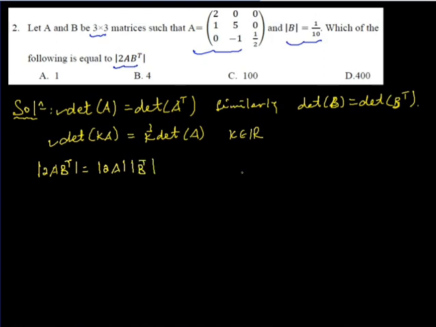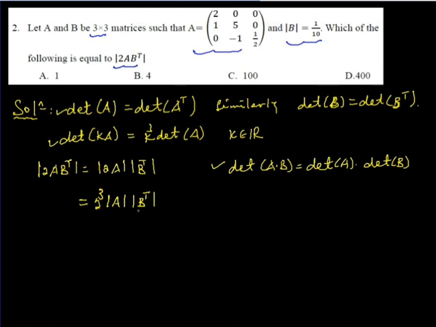Here we need to know some facts. The determinant of the product of two matrices is the same as the determinant of A times the determinant of B. This is also another property of the determinant. So this is the same as 2 to the power of 3 times the determinant of A times the determinant of B transpose.